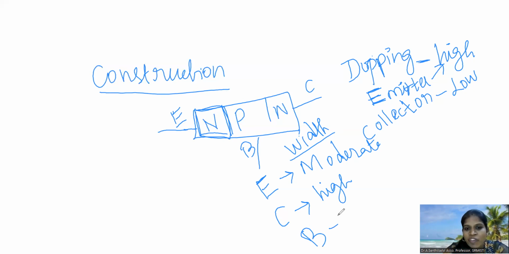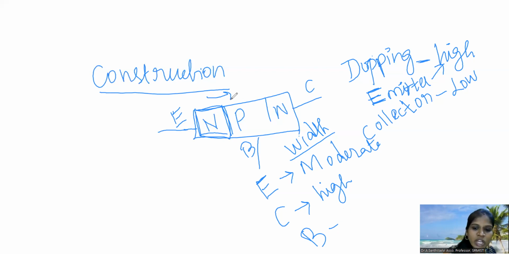Imagine that if you are traveling from one place to another over a lengthy distance, your energy will be reduced. In the same way, if the charge carrier travels a very long distance from emitter to collector, there is a chance of loss of energy of the electrons or charge carriers.